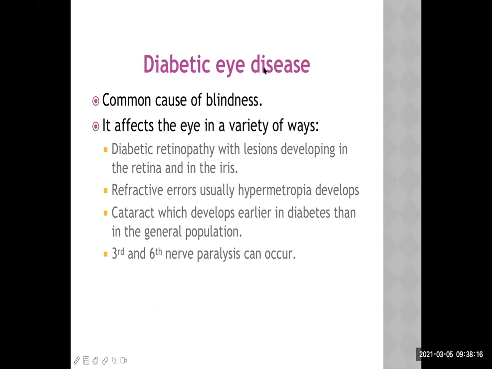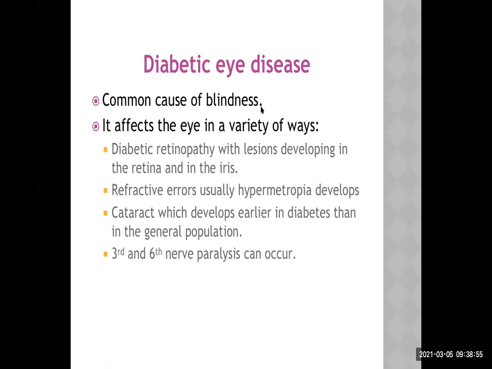Now, let's start with diabetic eye disease. This is a broader term, and retinopathy is a part of diabetic eye disease. But it doesn't only cause retinopathy, it causes so many other problems in the eye. So let's talk about them one after the other. Diabetic eye disease is a common cause of blindness. There are different mechanisms by which blindness occurs, because it damages the retina.